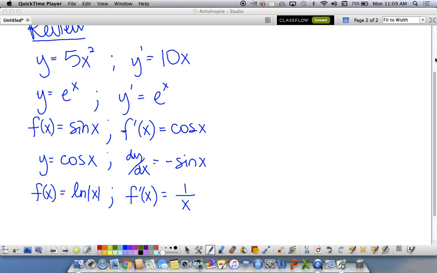All right, so that is a little bit of review so that we can move on to the product rule. Now, if you have any of these that we've put up here and we add them together or we subtract them, we simply add or subtract the derivatives of each of the pieces, okay? But it's going to be different with the product rule.